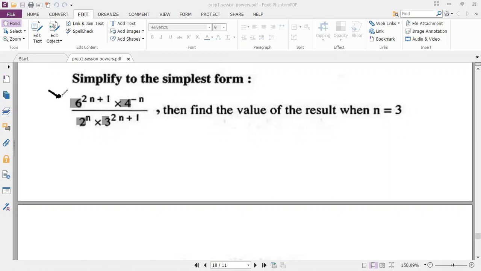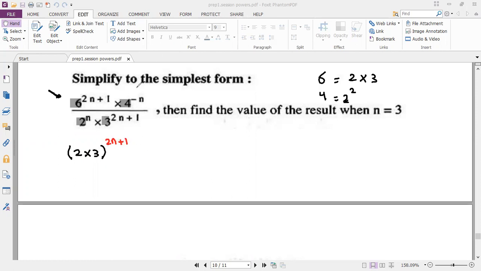I want to write them as the same bases. So just look at the bases. The 6 can be written as 2 times 3. And what about 4? 4 can be written as 2 to the power of 2. Just substitute here. Instead of 6, write 2 multiplied by 3, all raised to the power of 2n plus 1.